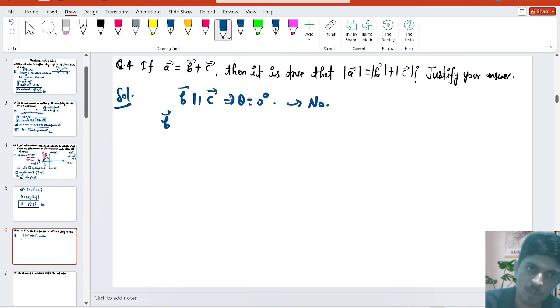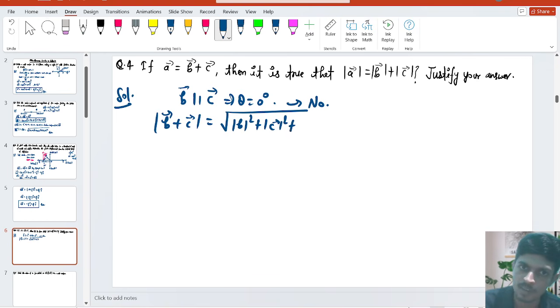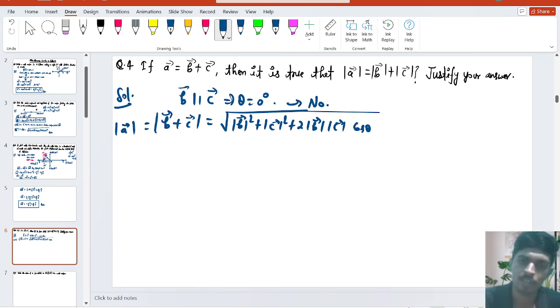Let theta be the angle between them. The modulus of vector B plus vector C is the square root of modulus of vector B whole square plus modulus of vector C whole square plus 2 modulus of vector B modulus of vector C cos theta. This is the formula for finding vector B plus vector C, and it equals the modulus of vector A, given that vector A equals vector B plus vector C. It is only possible if theta equals 0. I hope it is clear to you. So the answer is no; now justify your answer.